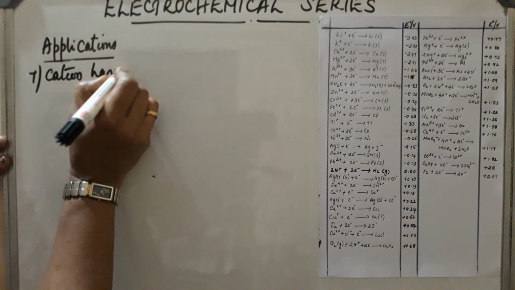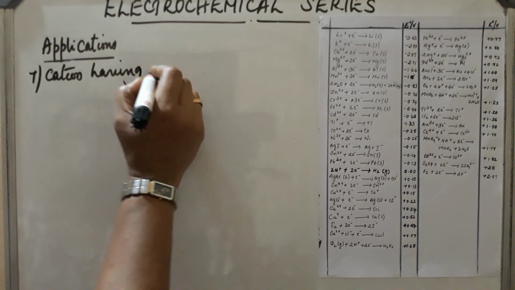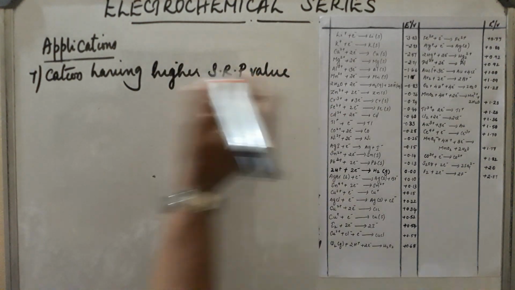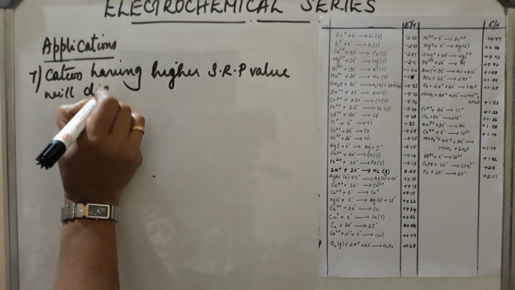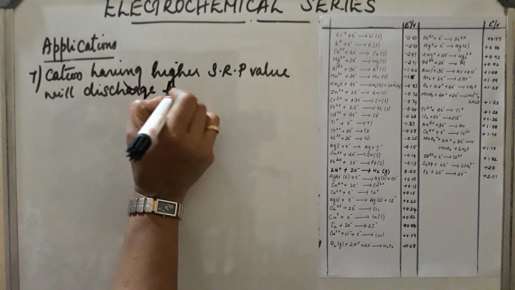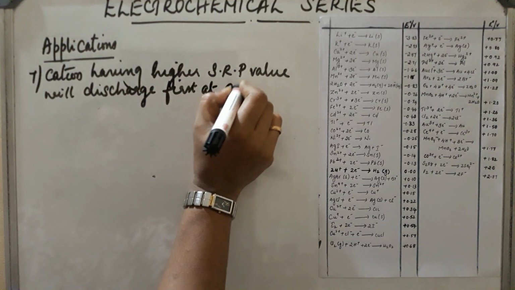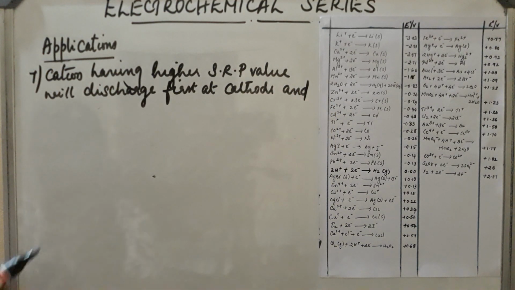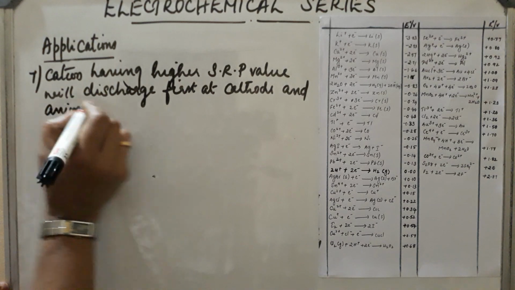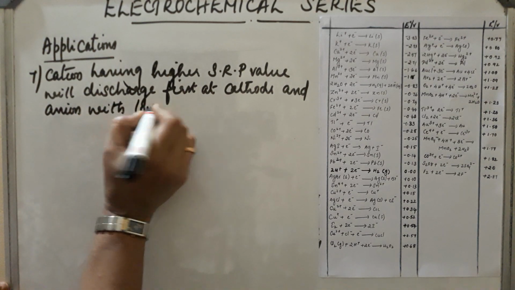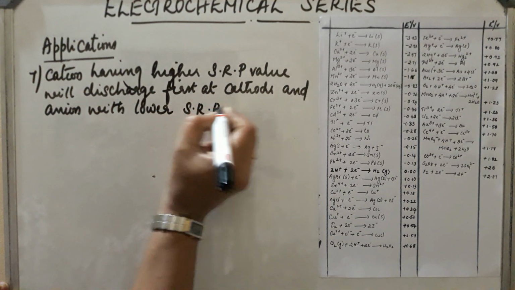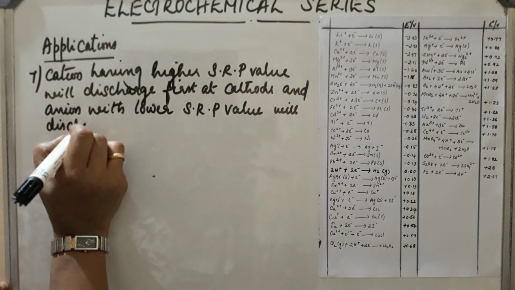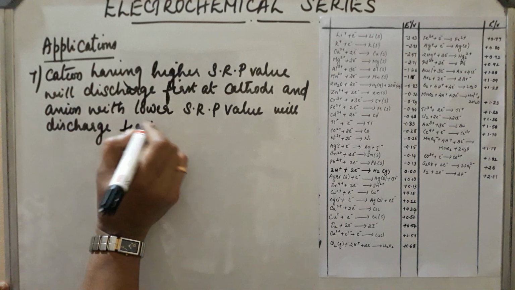Cations having higher SRP value will discharge first at the cathode, and anions with lower SRP value will discharge first at the anode.